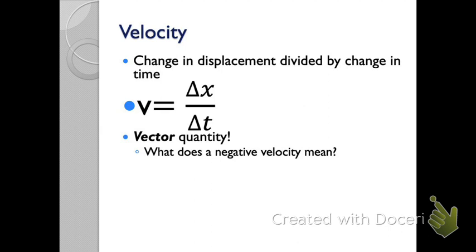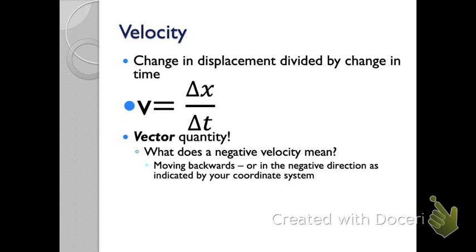It could mean backward or downward. So it means we're moving in the negative direction. Does the negative tell me anything about the number value? Can I move so slowly that I'm moving in negative speed? No, I can't move slower than 0. So -1 doesn't mean that I'm moving so slow I'm moving lower than 0. It means that I'm moving 1 meter per second in the negative direction.